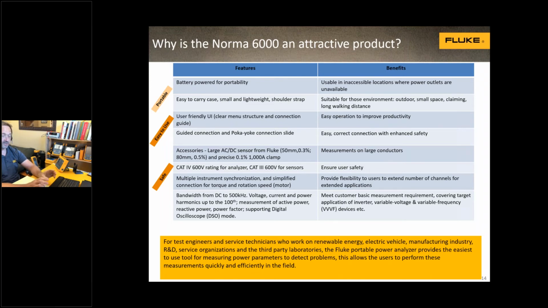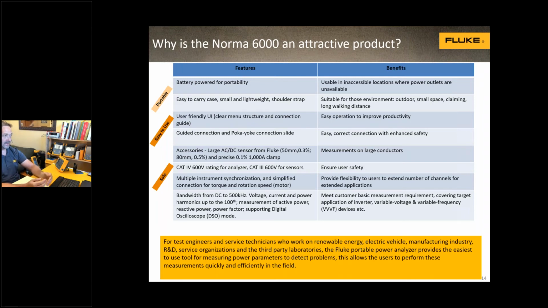Multiple instruments can be connected together. If you need more than 4 channels, you can have up to 8 total channels possible. And then the ability to measure up to 500 kilohertz and the 100th harmonic. It also has a real-time oscilloscope. A lot of our units have oscilloscopes built into them for power measurements. One of the things I didn't probably touch on is that beyond doing harmonics, it can do regular power measurements, of course: power factor, kVA, kVAR, kW, so you can measure all of those things as well.